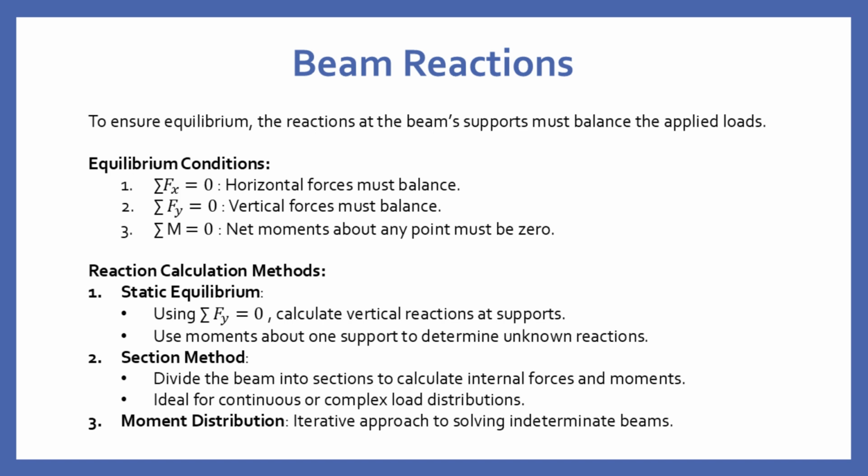The sum of horizontal forces must be zero, the sum of vertical forces must be zero, and the sum of all moments about any point must be zero. These aren't just mathematical equations, they're the fundamental rules that keep our structure standing. When calculating reactions, we can use various methods like static equilibrium analysis or the section method, each offering unique insights into how our beam behaves under load.